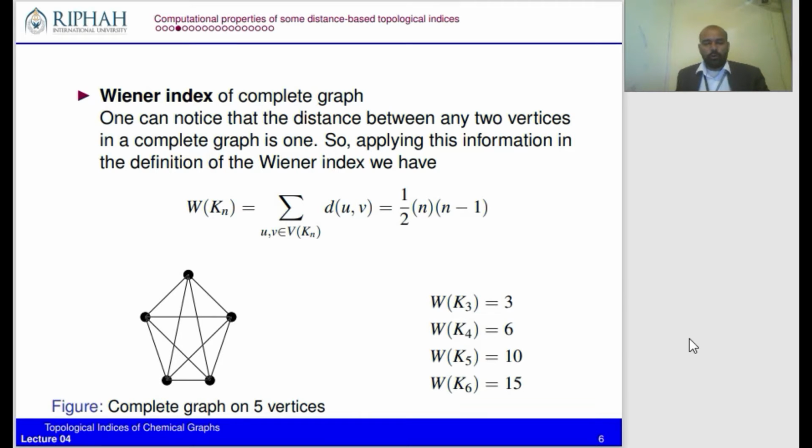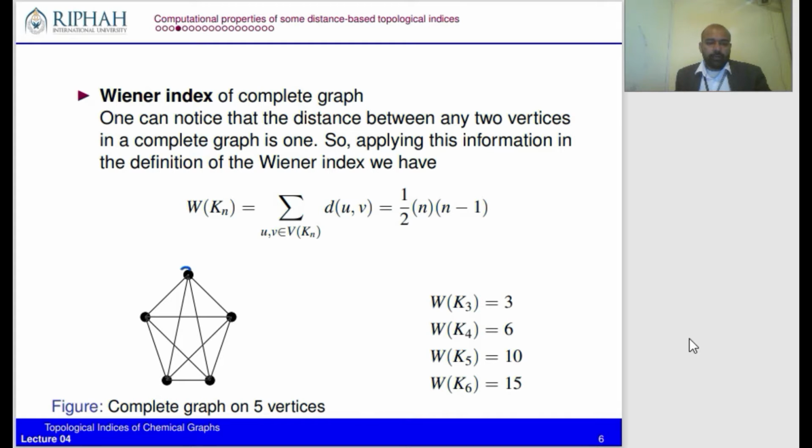Let me explain it a little bit. This is very easy. Here we use the definition of ordered pairs. Ordered pair means the distance from A to B and the distance from B to A are both counted.